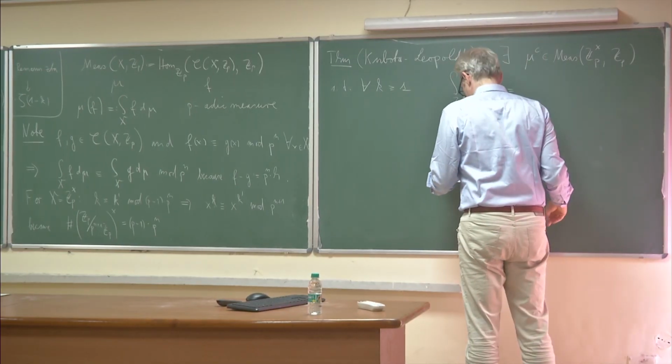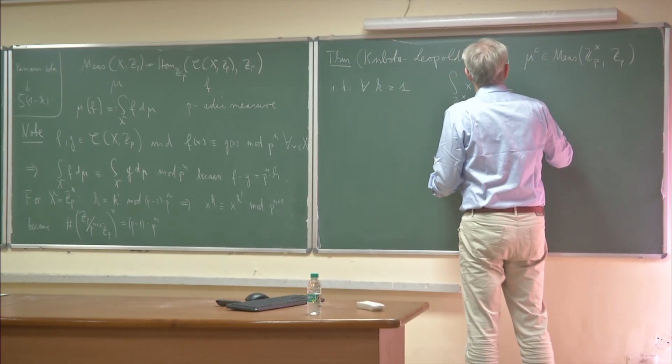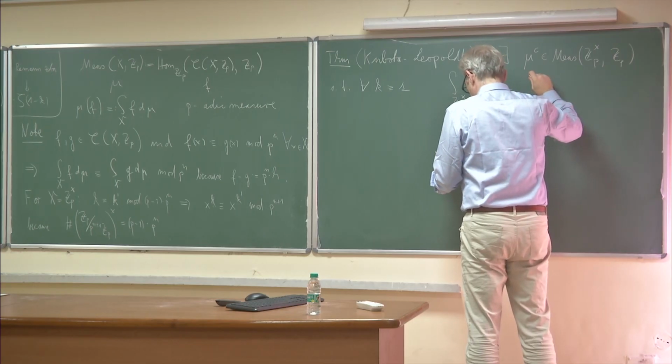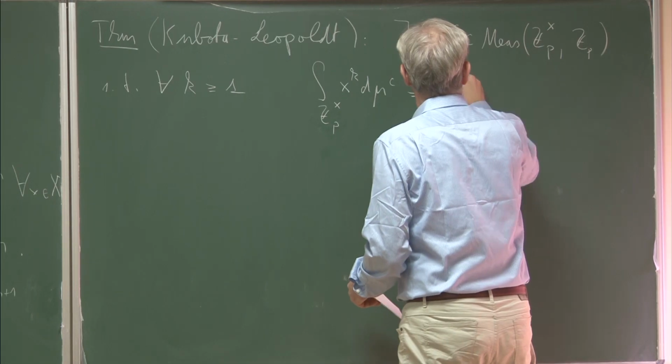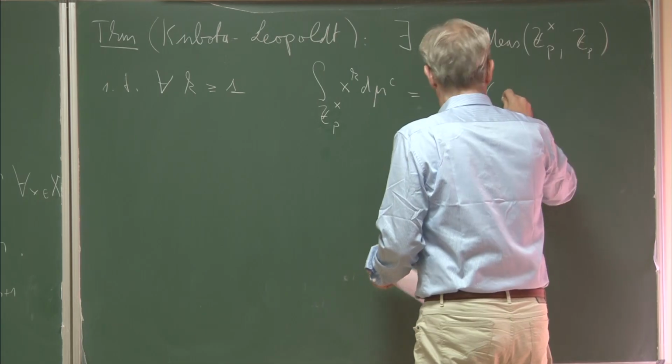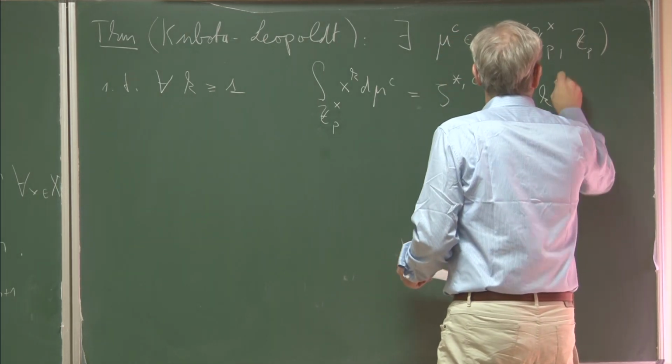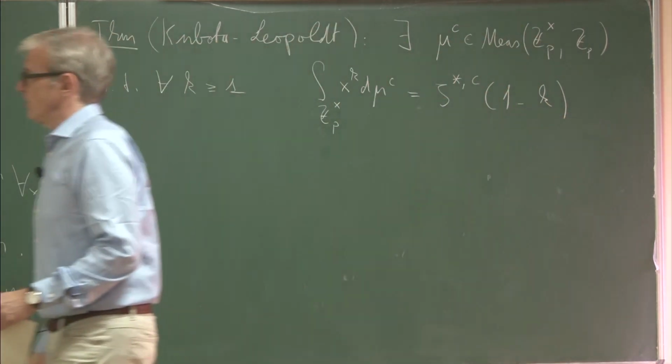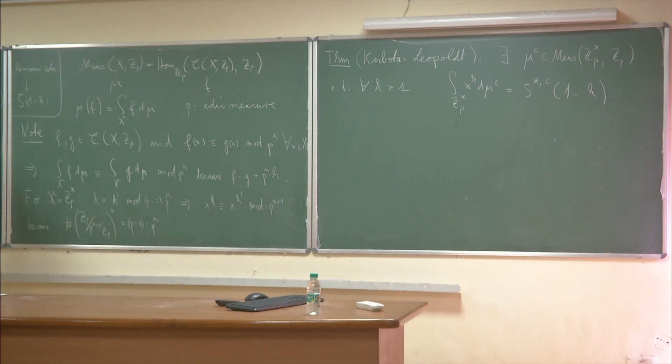because if I integrate it against this polynomial x to the k, then I get exactly these modified Riemann zeta values back.